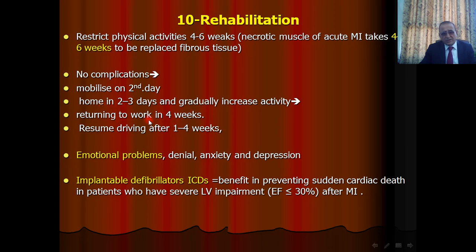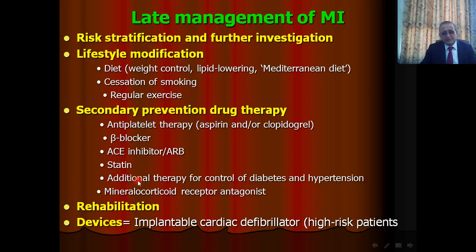This was early management of acute myocardial infarction or acute coronary syndrome. What about the late management, when you discharge the patient from the hospital? Of course, you should have risk stratification because you need further investigation and further assessment. Lifestyle modification should continue, like diet, weight control, lipid-lowering, cessation of smoking, and regular exercise.